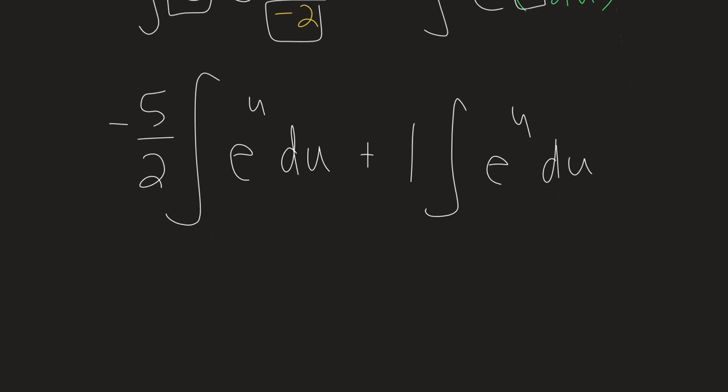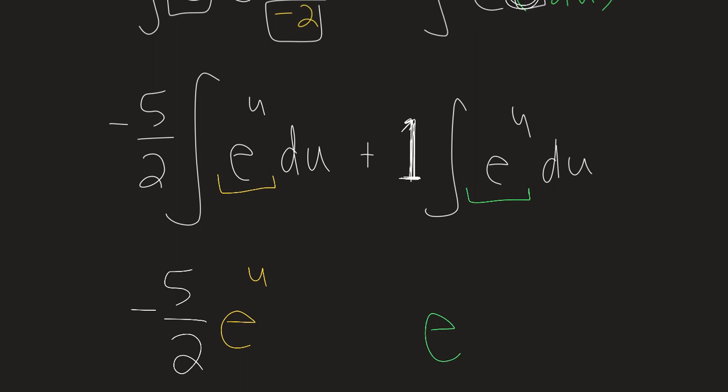Why is it plus now? Because of the negative pulled out. The antiderivative of e to the u is just e to the u. So minus 5/2 e to the u. And over here, the antiderivative of e to the u is once again e to the u. And there's a plus symbol in between here, and plus c.